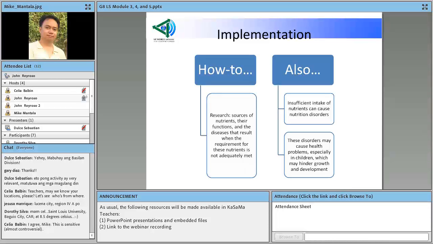These disorders may cause health problems, especially in children, which may hinder growth and development. So, why is it important to meet the daily requirement of healthful foods? It's because we want our students to optimize their growth potential.